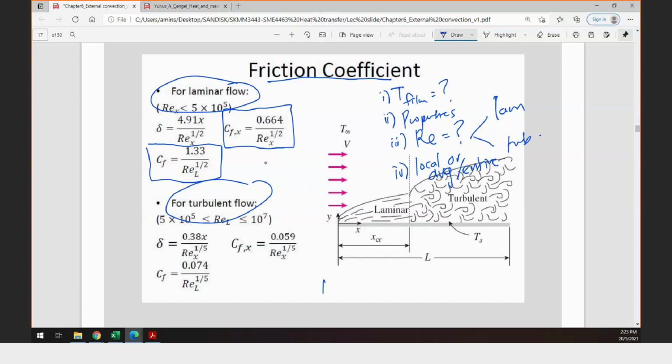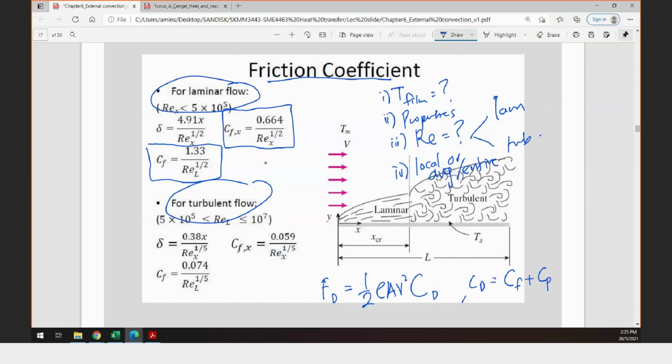You remember drag force can be calculated if you know the drag coefficient: rho A V squared times the drag coefficient, and the drag coefficient is the coefficient due to friction plus the coefficient due to pressure.